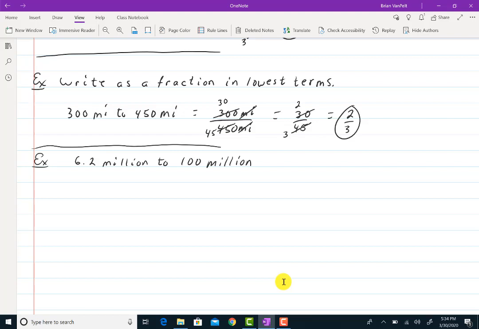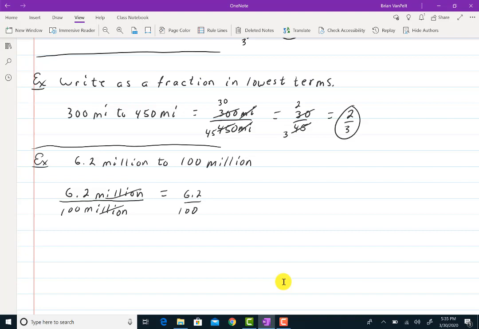So let me start first with the fraction part of it. All right, cancel the millions away, and we get 6.2 over 100. This is not considered in lowest terms. It's not even considered, I guess you'd call it a proper fraction, but nonetheless, it's nowhere near in simple terms.